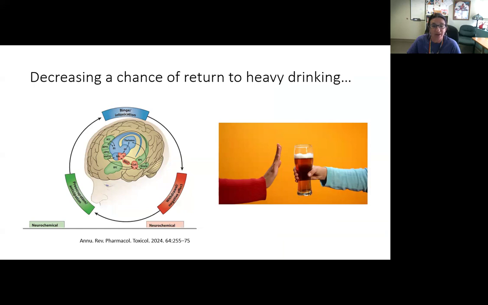But now we'll turn to talking more about decreasing the chance of a return to heavy drinking. You can see here this is showing more of the neurobiological framework of it all. This is from that toxicology article, which gives a nice summary of all of these treatments. This is representing the 3-stage cycle.